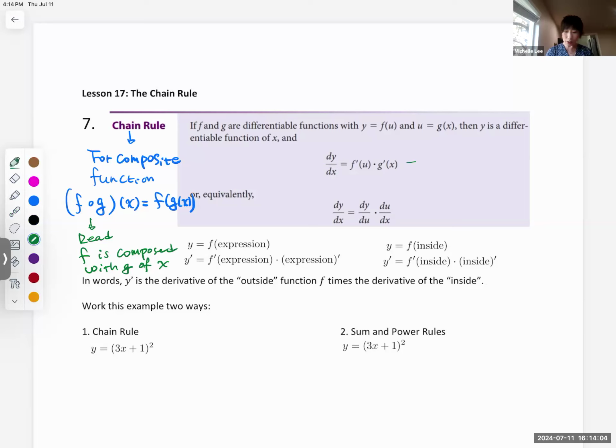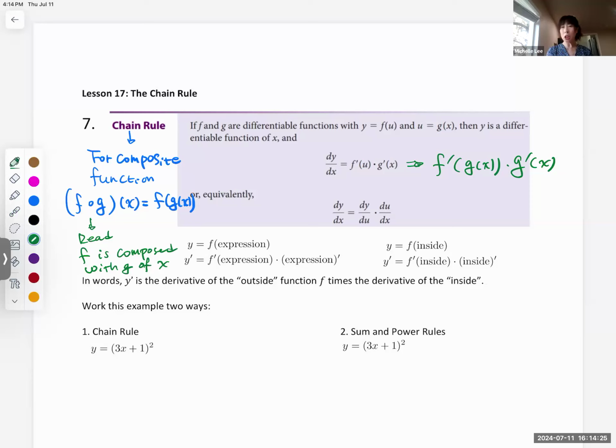So I can express this as f prime of g of x times g prime of x, the same thing, because we say that u equals g of x, right?